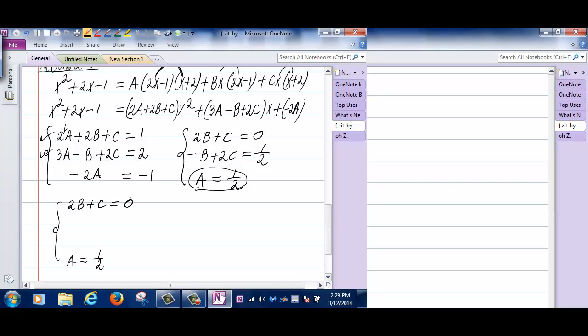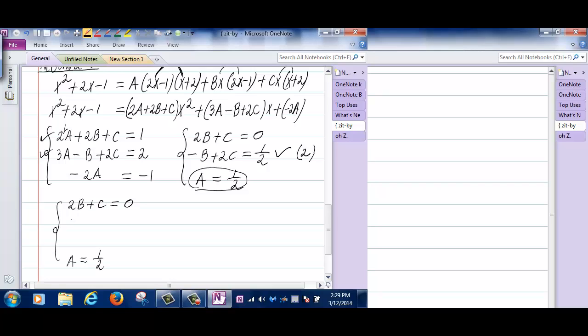And I am going to multiply the second equation by 2 and add it to the first equation. So multiply this equation by 2, add it to the first.